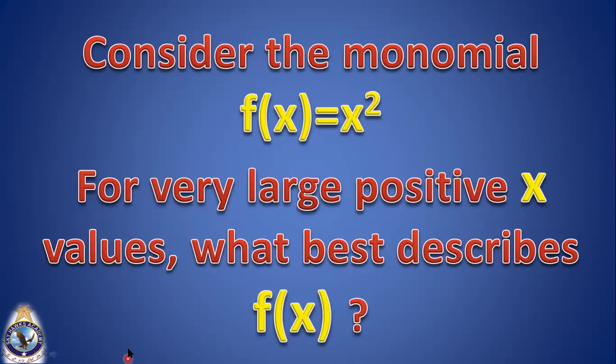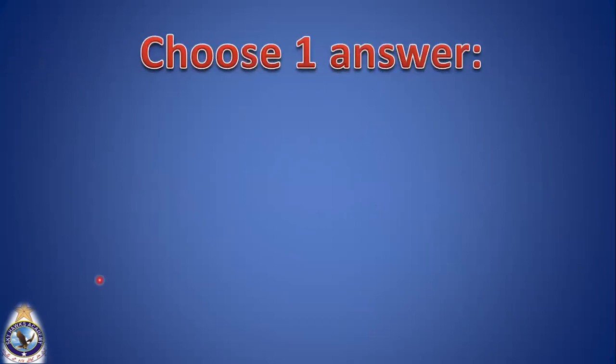After getting squared, it's positive, increasing, greater and greater. Because x cannot be negative here. Choose one answer. Now you will have to calculate. You can make the calculation also on paper.